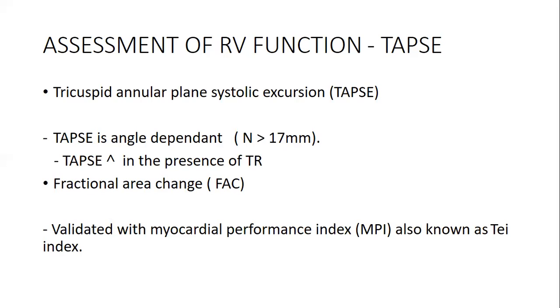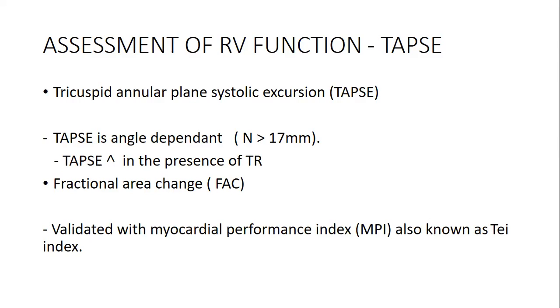TAPSE can also be increased in the presence of tricuspid regurgitation. It has also been shown that it correlates well with the right ventricle ejection fraction when you're using the simple method.